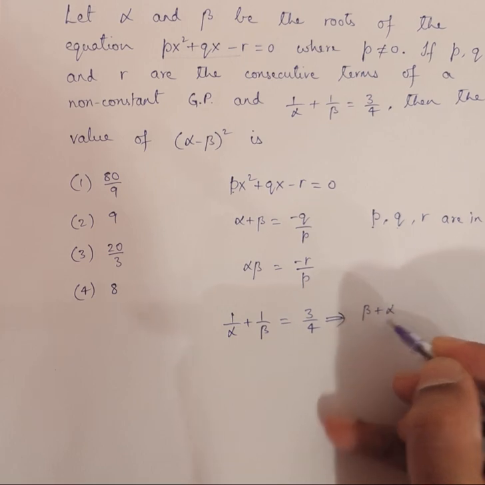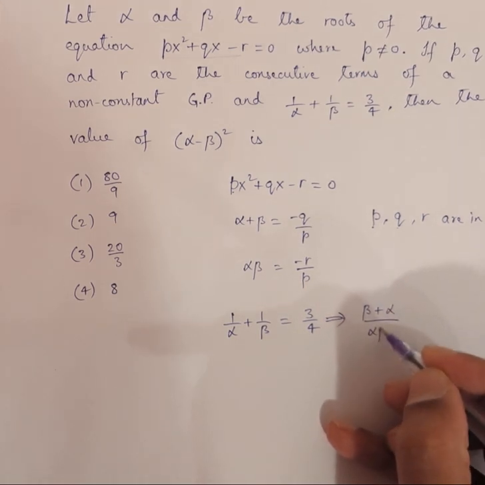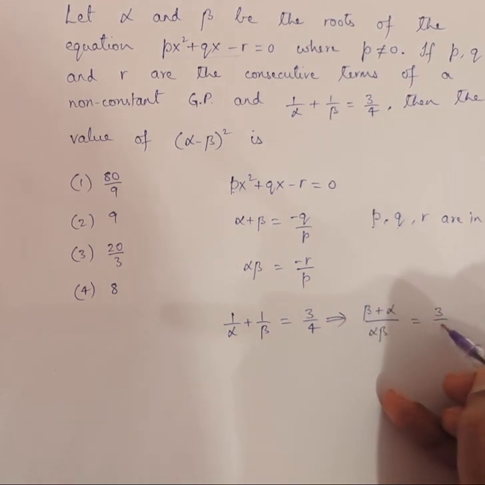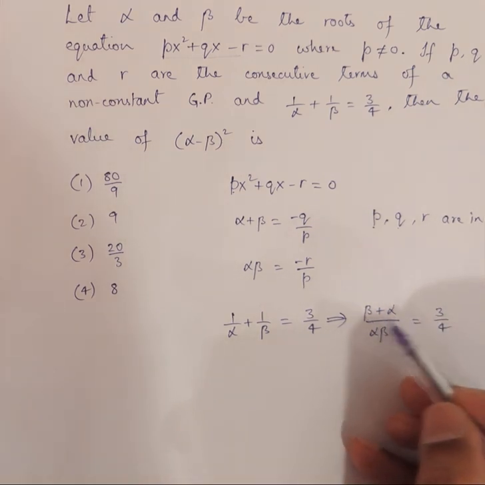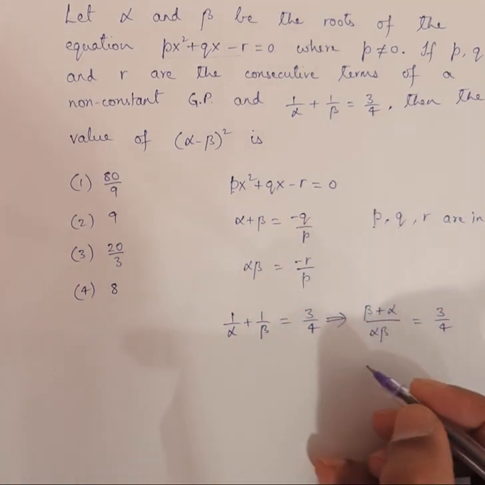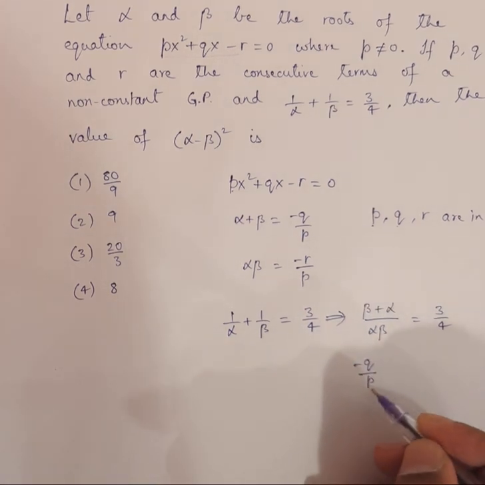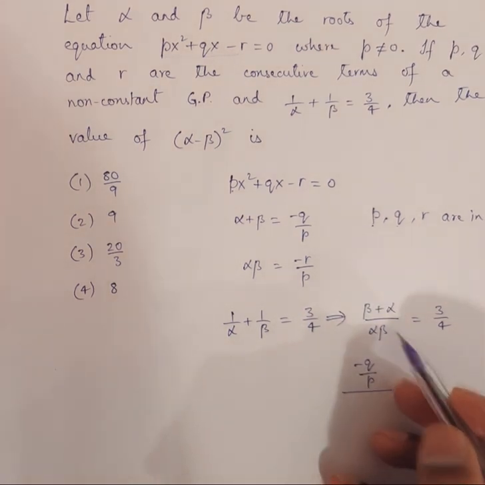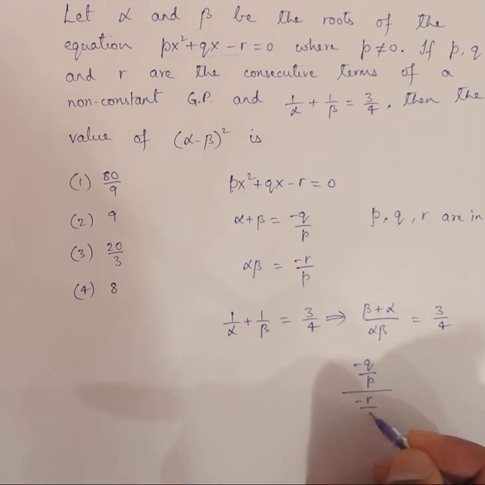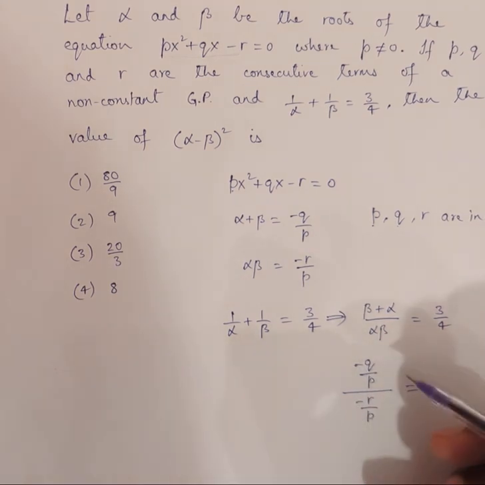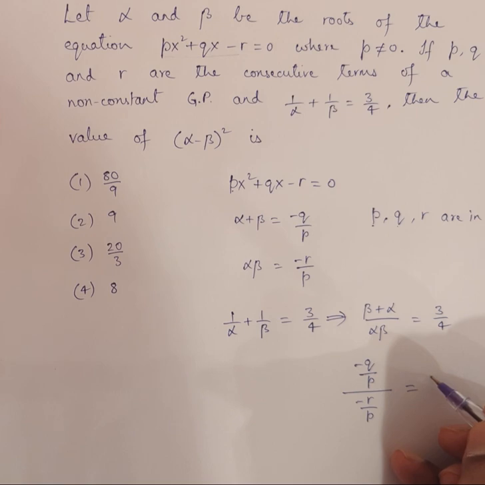Beta plus alpha over alpha beta equals 3/4. And notice we have beta plus alpha as negative q over p. So negative q over p divided by alpha beta, which is negative r over p, simplifies to just q over r.